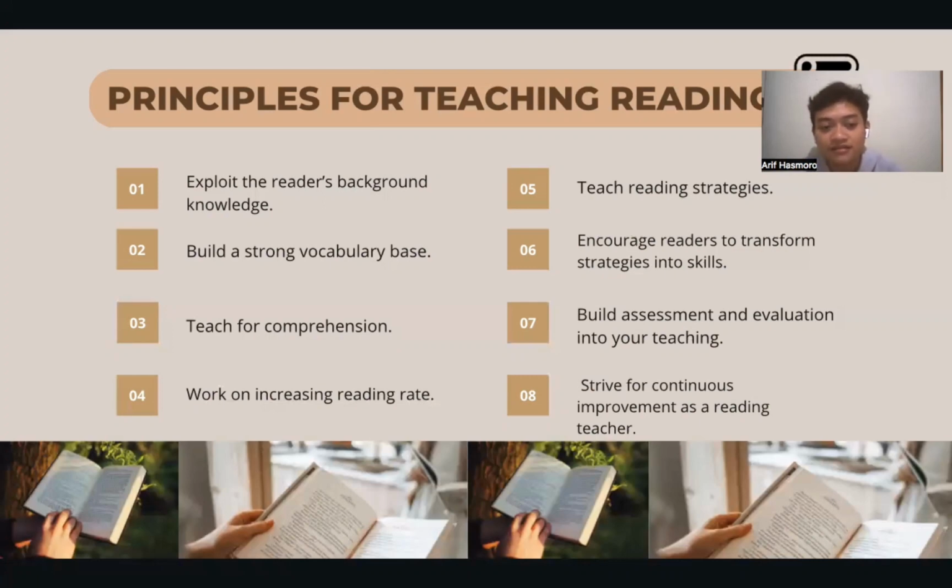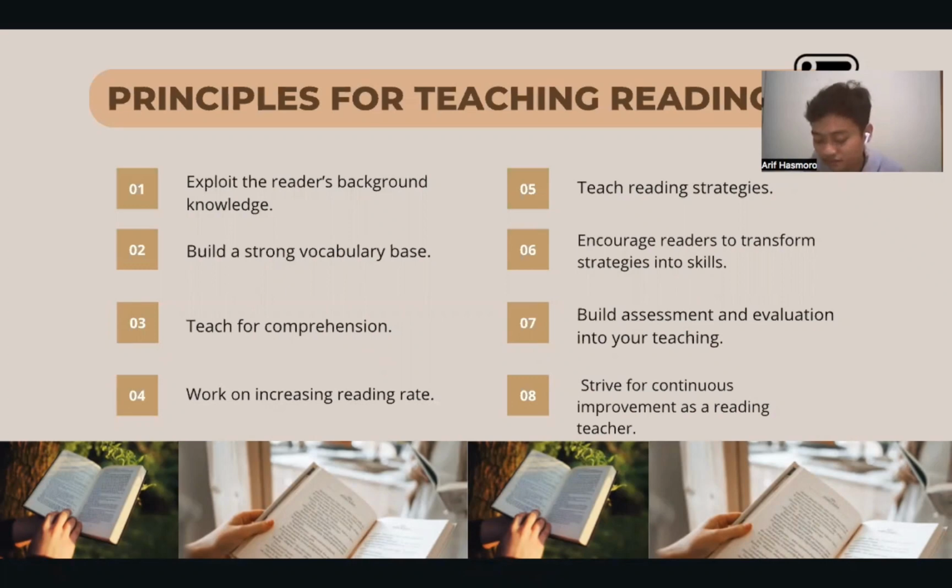And then number 4, work on increasing reading rate. Reading rate in this principle, not fast reading, but fluent reading. So the students not just read the fast but also they can also understand the meaning and the content of their reading passage.